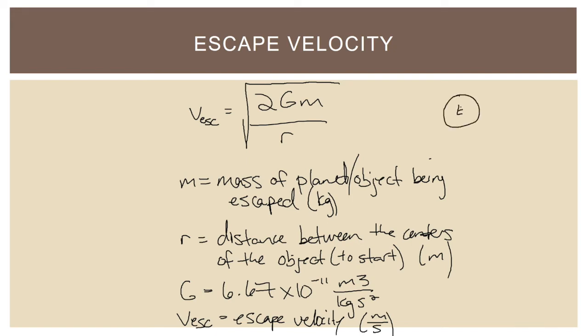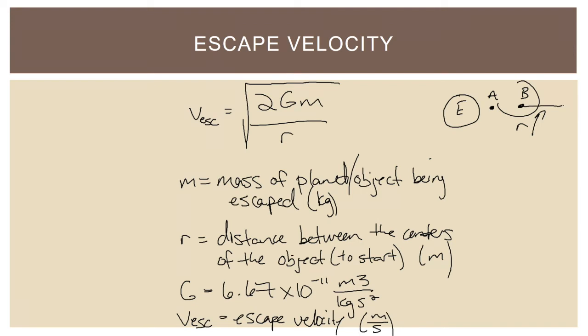If this is the Earth and we're comparing points A and B, is it easier for the object to escape the Earth's gravitational pull starting at A or starting at B? It's easier starting at B because the distance is higher.